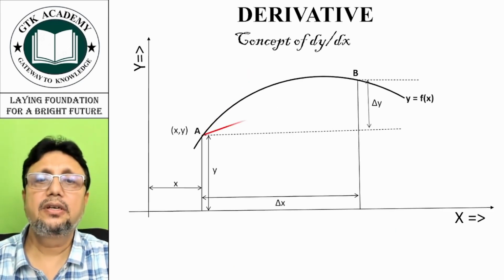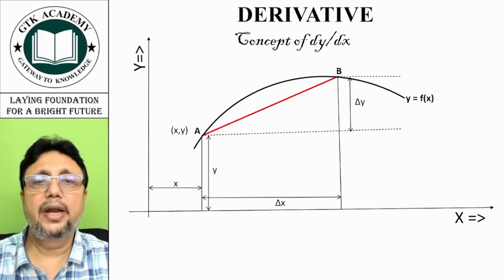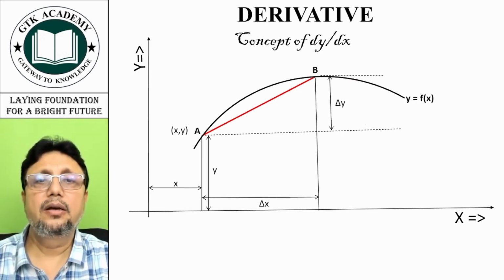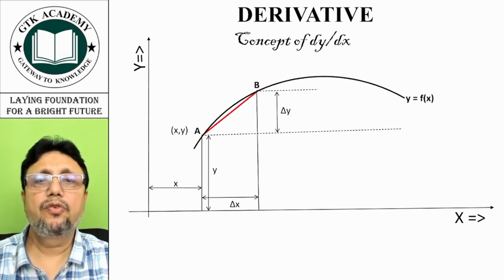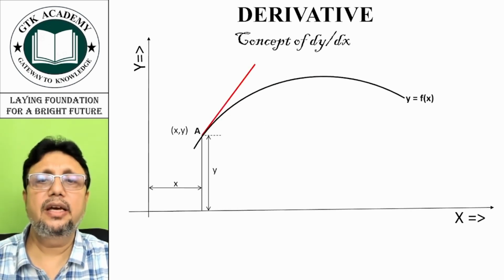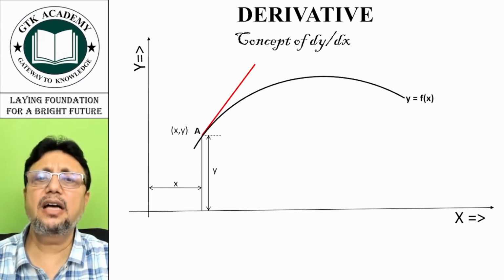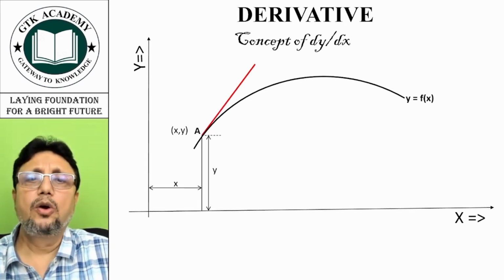We'll again repeat it. Join AB. This angle is theta. Delta y by delta x is tan theta. Bring B closer to A, staying on the curve. When B just coincides with A, this red line becomes tangent, and delta y by delta x is the slope of the tangent.